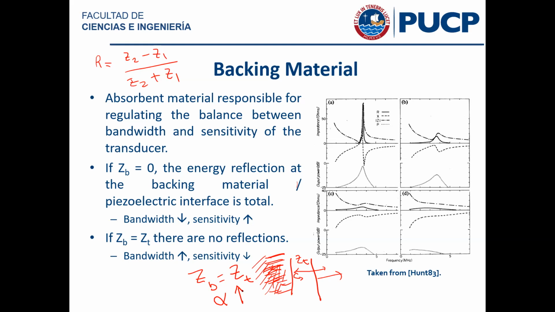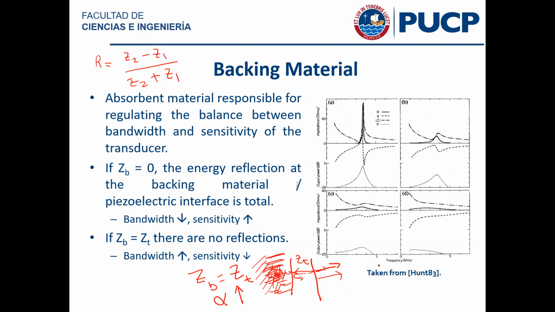But if you make the attenuation coefficient high, then the backing material eats away all the signal that propagates from the piezo into the backing material. It dissipates it in the form of heat, for example. So the only thing that comes out of the piezoelectric would be the first signal, and that's it. Everything goes into the backing and dissipates, so nothing comes back out again.